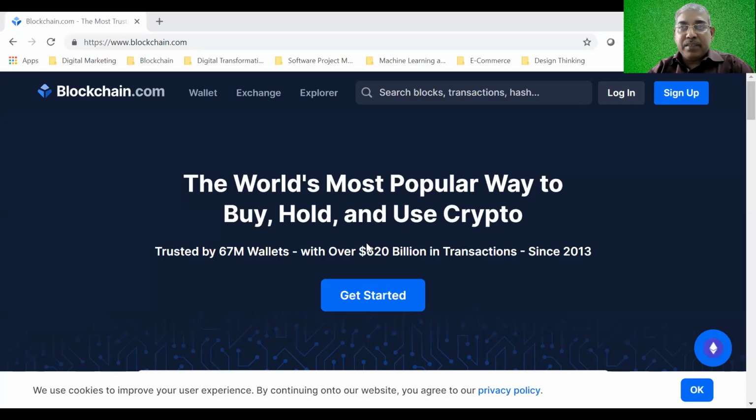In order to take the sneak peek into Bitcoin transactions, I would take you to this website, blockchain.com. This is one of the leading websites where you can do transactions on Bitcoin. You can create an ID and you can trade on Bitcoins.